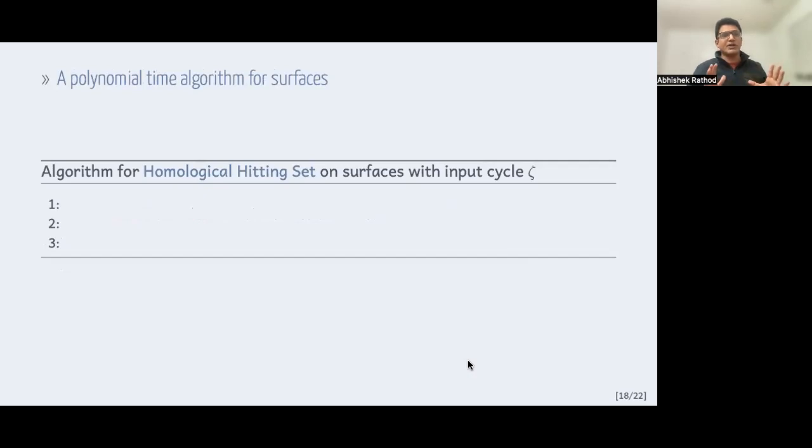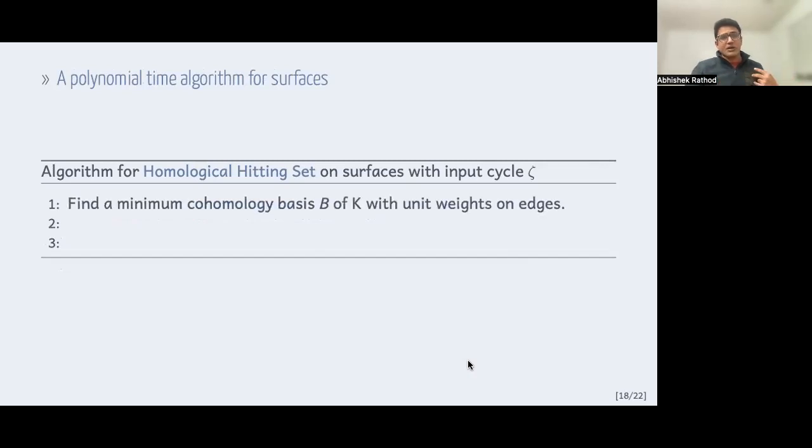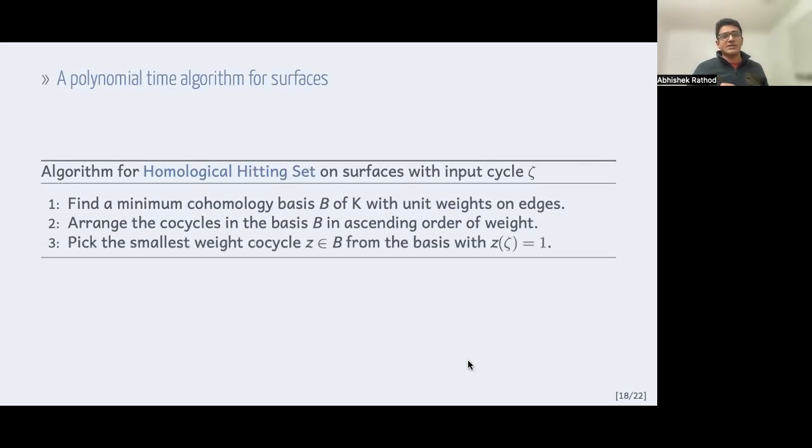So now I'm ready to describe the polynomial time algorithm for surfaces. The algorithm goes as follows. You are given an input cycle zeta. You find a minimum cohomology basis. Then you arrange the cocycles in the basis in ascending order of weight, and then you pick the smallest cocycle Z that evaluates to 1 on this cycle.